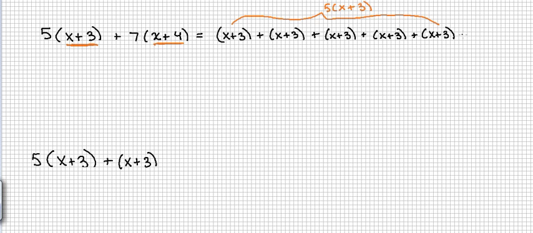And then we're adding, so there's still an addition sign in between it. 7 times x plus 4, my bad. X plus 4 plus x plus 4 plus x plus 4 plus x plus 4 plus x plus 4. Okay, I got a few more here.